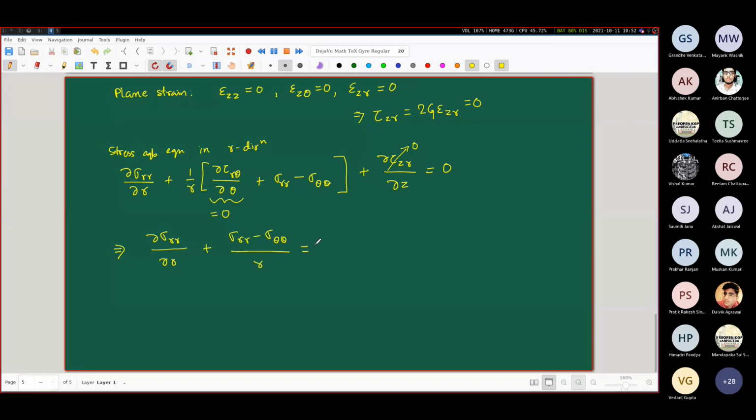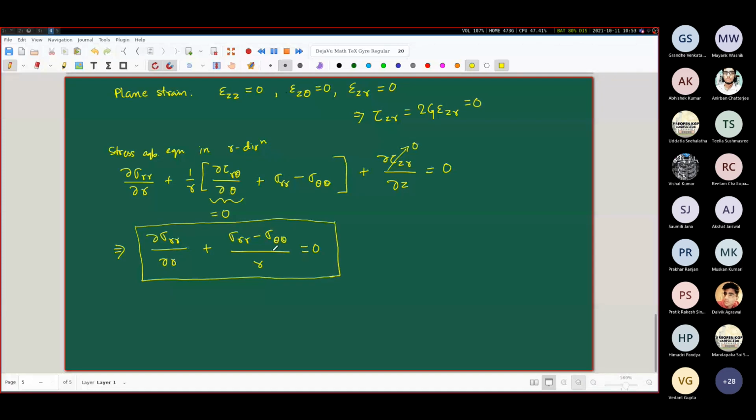This is the simplified version of the equation which will be directly useful for addressing the problem of the pressure vessel. And not just pressure vessel, there are many other axisymmetric situations where this equation is of fundamental importance. Time and again, you will have to keep on solving this equation.